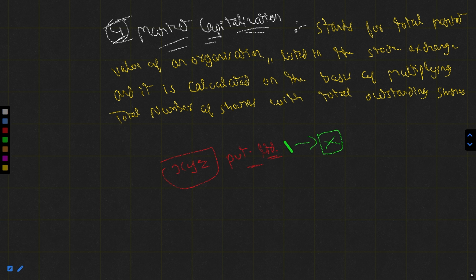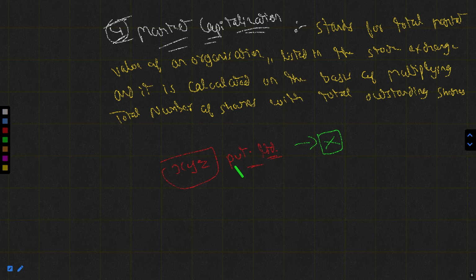Why? Because we know that here is the total number of shares. It means that the company had launched its shares. Only those organizations are permissible to launch shares who have registered themselves on the stock market, right?